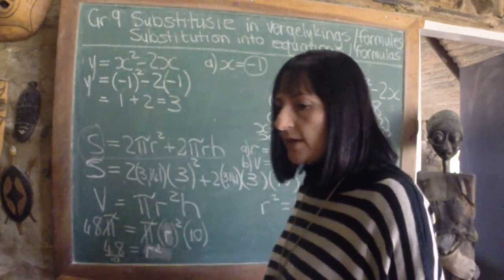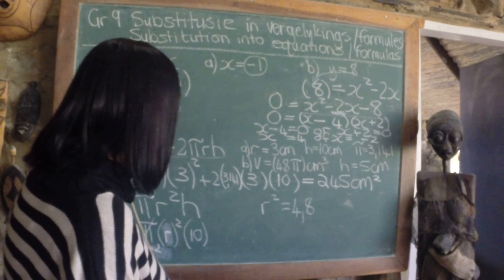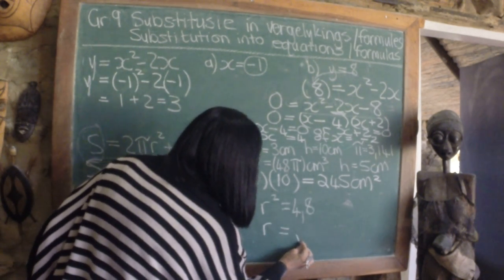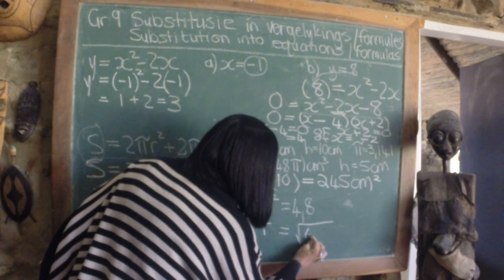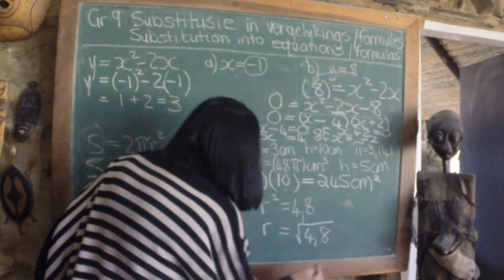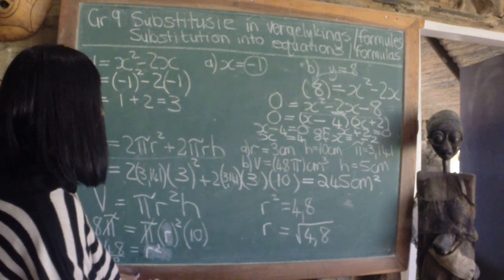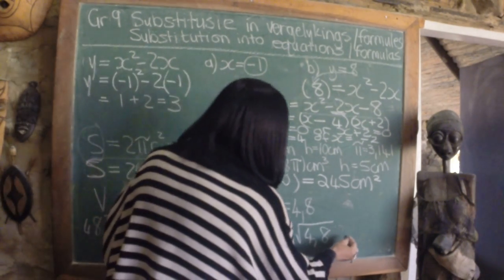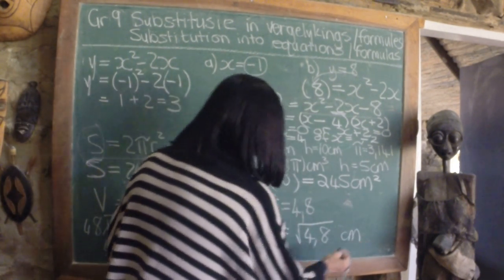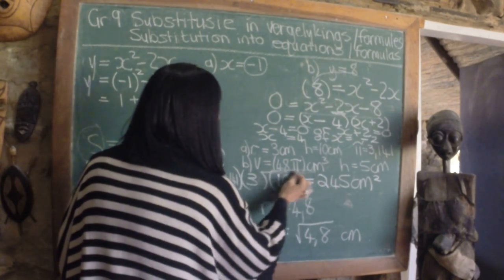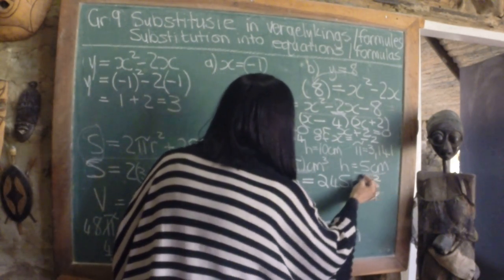Nou as ek die vierkantswortel gaan kry van 4,8 op my sakrekenaar, I can get the square root of 4,8 on my calculator, and that's going to be in centimeters. So hulle het vir my die radius gevra hier en hulle het vir my die volume en die hoogte van die silinder gegee.